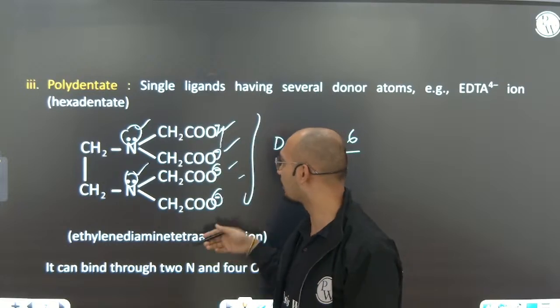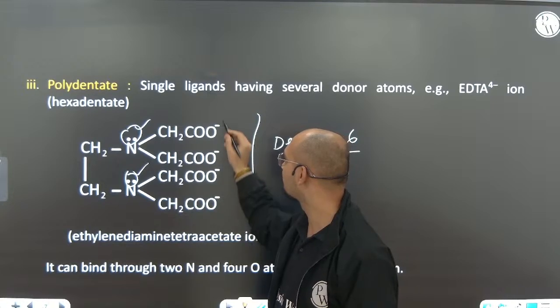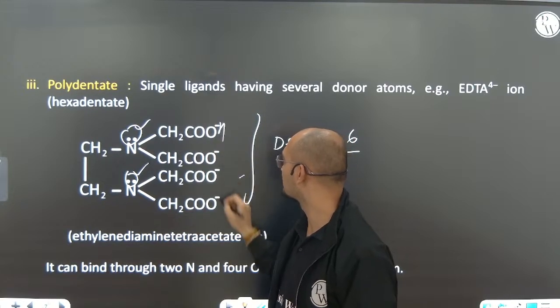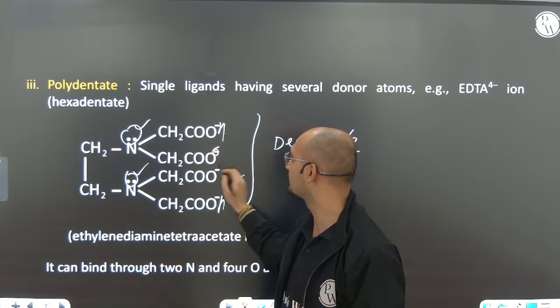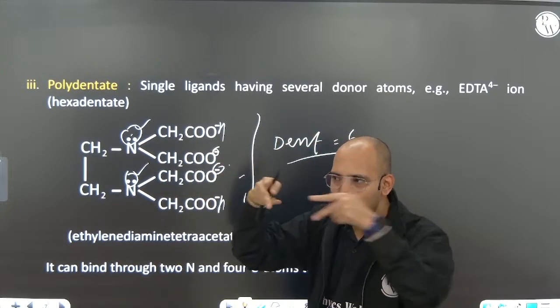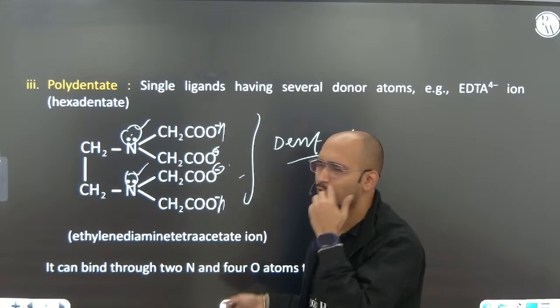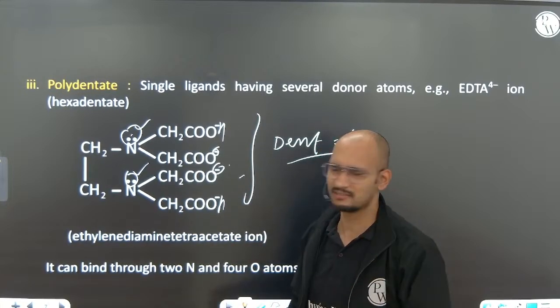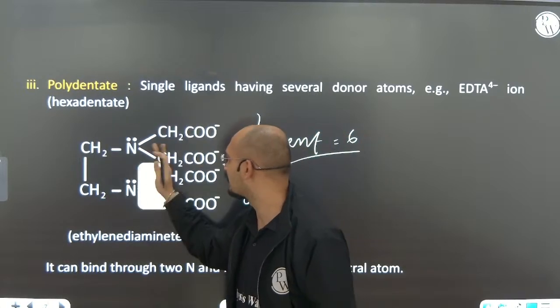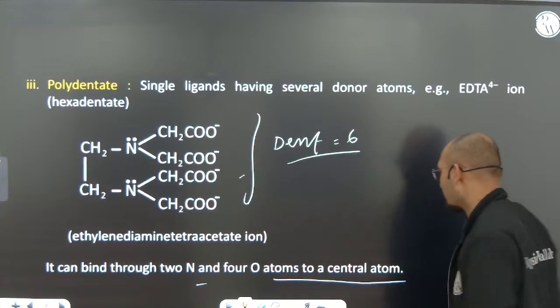Or, instead of the tetraacetate ion, let's say one H is there, and one more H is there. How much negative charge is there? Two negative. And how many lone pairs? Two. Therefore, it will be donating from 4 sites. In such a case, the denticity is 4. So its denticity can change. It can bind to the central atom through nitrogen and oxygen.